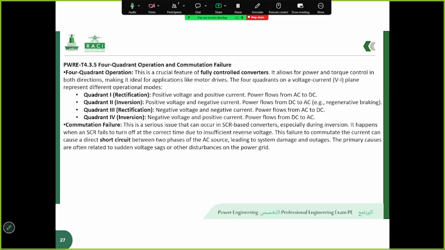A robust design must account for the possibility of commutation failure and include protection schemes to prevent catastrophic damage. So this risk is a significant consideration in the design and operation of systems like HVDC links that rely heavily on controlled converters for power transmission.